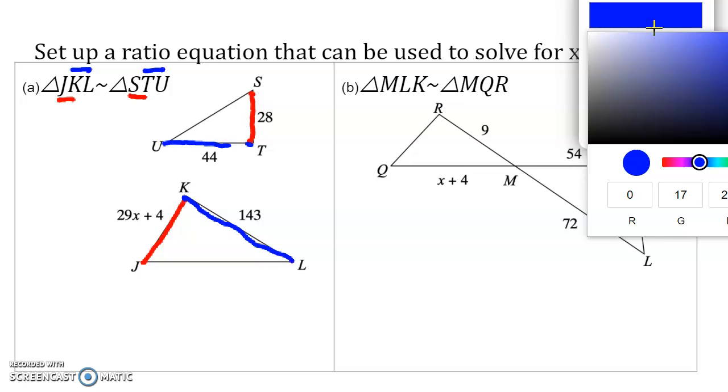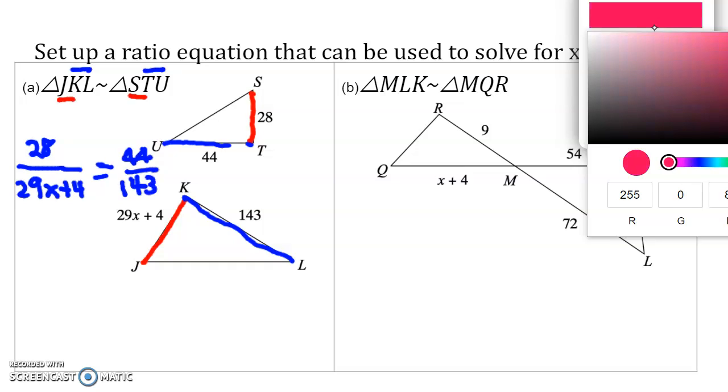So that's going to be 28 divided by 29x plus 4. The whole expression is equal to 44 divided by 143. Okay, now first thing, like I said, is there a number that is divisible by 44 and 143?